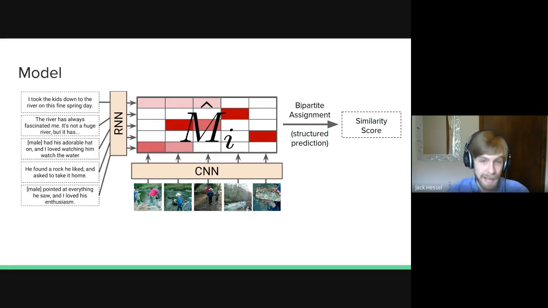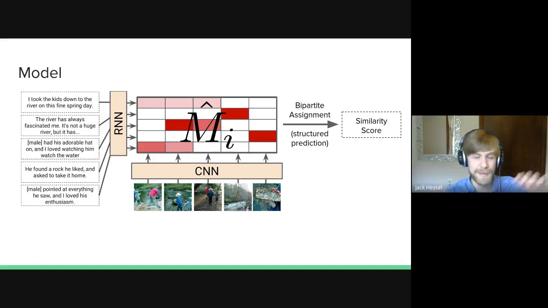But at training time, we need to get a training signal to train the parameters of our neural networks. So what we're going to be doing, at least in our best performing model variant, is doing a little bit of structured prediction. In particular, in the forward pass of our neural networks, we're going to solve a bipartite assignment problem between sentences and images.